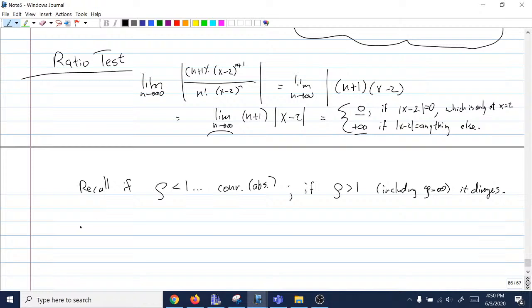We conclude that this function, g of x, the sum of n factorial times (x minus 2) to the n, converges at x equals 2, and diverges everywhere else.